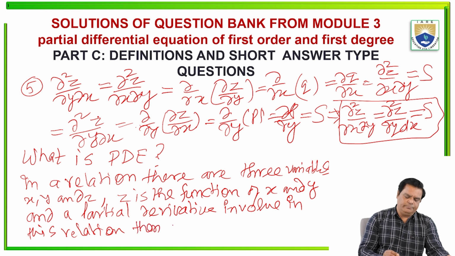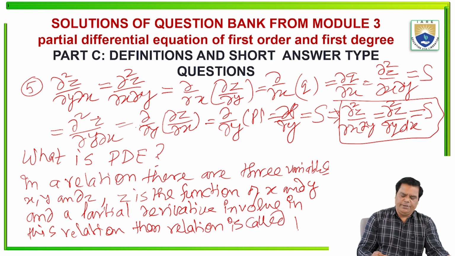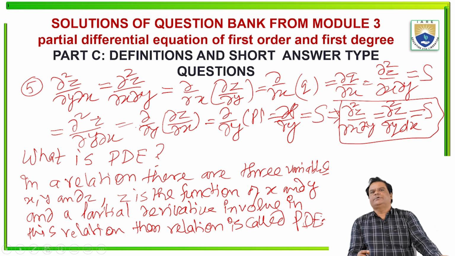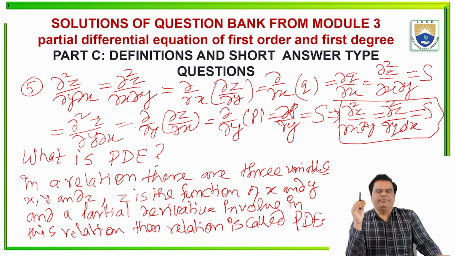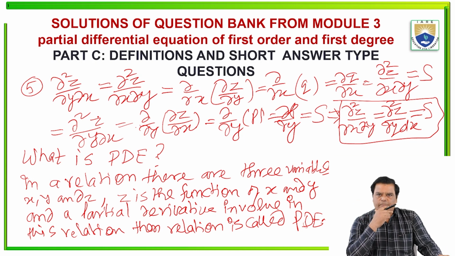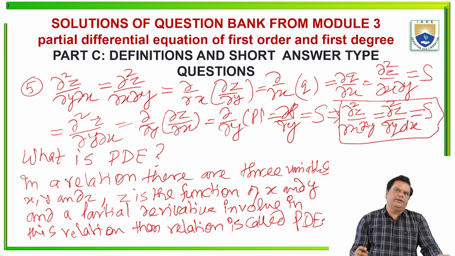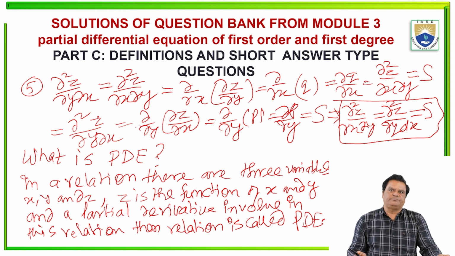Then the relation is called a PDE. Okay. In a relation, there are three variables x, y and z. Z is the function of x and y, and a partial derivative is involved in this relation. Then the relation is called a partial differential equation.